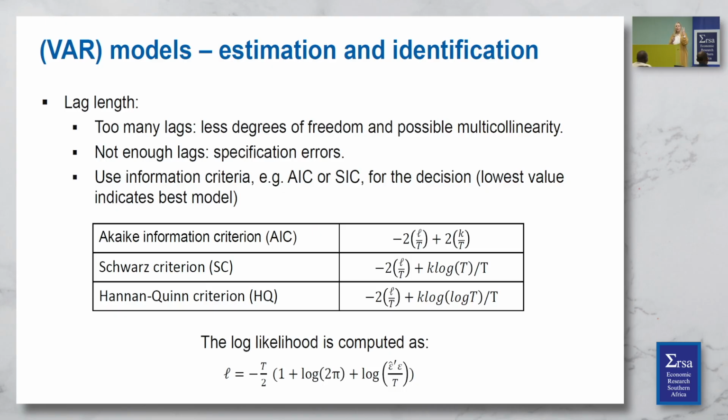What if we get 3 and 2? That's so close. Then probably start with 3 and see if you're going to end up estimating a vector error correction model. If anything goes wrong along the way, like your error correction term has an insignificant parameter or a positive value, but if you take 2 lags and everything works well, then 2 lags is obviously the better choice.